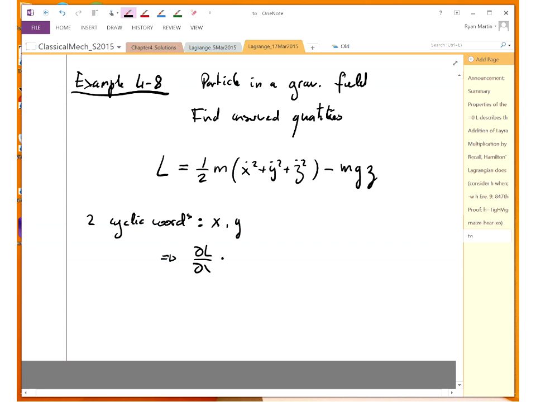Hence, we expect ∂L/∂x dot should be a constant. And we expect that ∂L/∂y dot is equal to a constant as well. So let's look at ∂L/∂x dot. Well, ∂L/∂x dot is ∂/∂x dot of a half m x dot squared, which is just m x dot. Right? You pull down the 2, cancels the half.